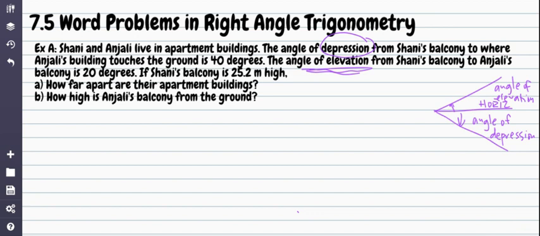Okay, so we're going to draw a diagram, and it's really important that you draw a nice accurate diagram. Well, not super accurate, but a good diagram that gives you some information. So here are our buildings, and here's the ground. Shani's going to be below Anjali, and that's the important part about this question.